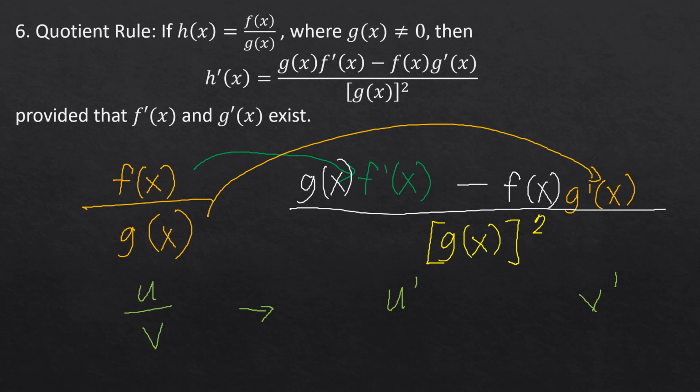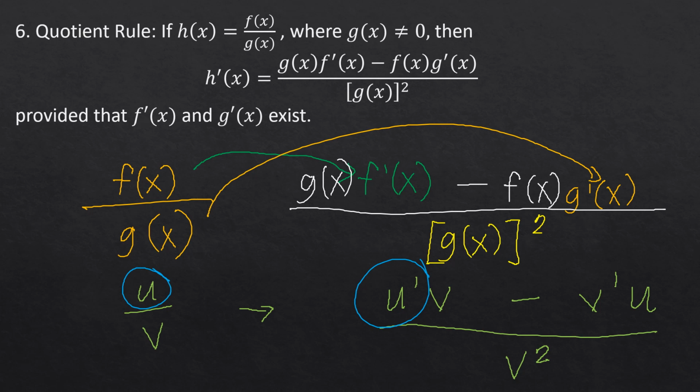So you have u prime v, v prime u, or u v prime, v u prime. Well, multiplication is commutative anyway. So minus, you have v prime or v squared. So ang clue na pwede kong sabihin sa inyo, mag-start yan sa numerator. Okay, and subtraction, then get the derivative denominator.